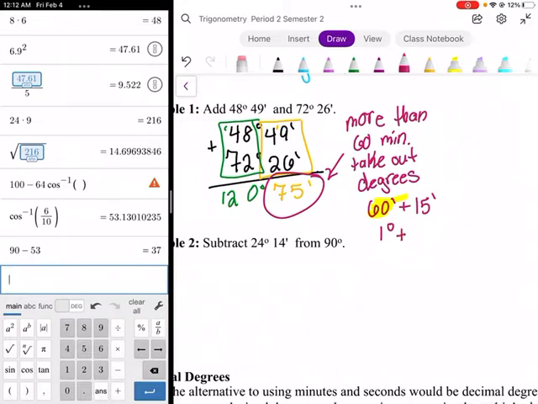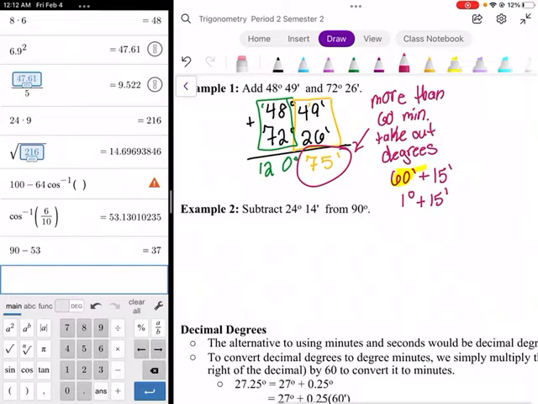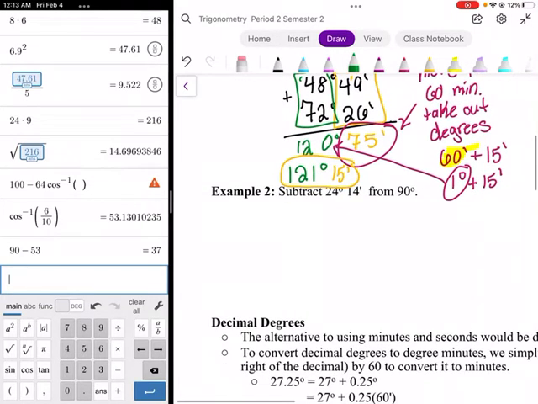So this is the same as having 1 degree plus 15 minutes. So we can change that, and we would add this 1 to the degrees that we already have, which would make our final answer 121 degrees with 15 minutes. Now, on a test or a quiz, if you are converting between degrees and minutes, you would be expected to simplify the 75 minutes completely. So if you didn't do that, your answer would not be fully completed.